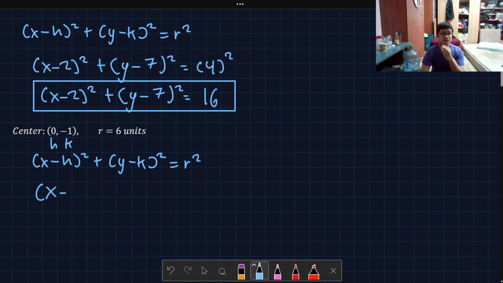So that would be x minus 0 squared plus y minus, we have -1 here, so we will have parenthesis -1. Okay? So if you have minus and then the next term, it would be negative. Don't forget to put parentheses, okay? This is to avoid confusion.